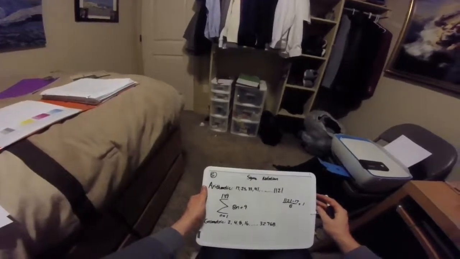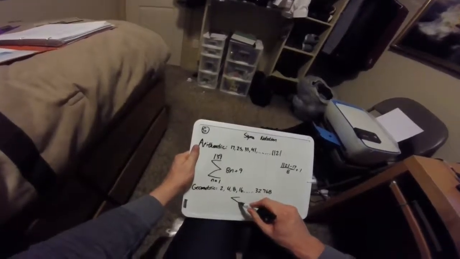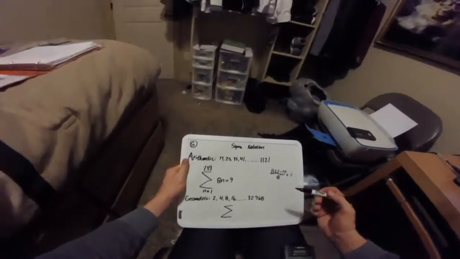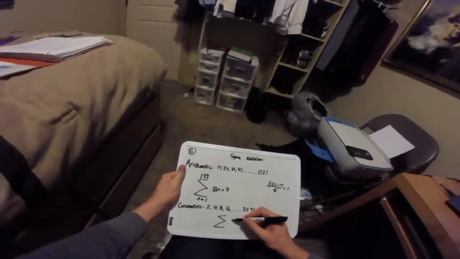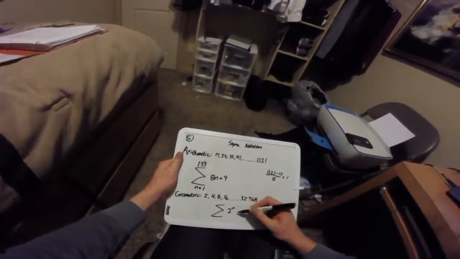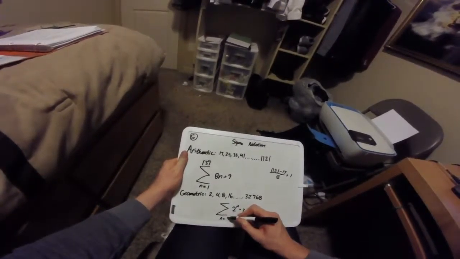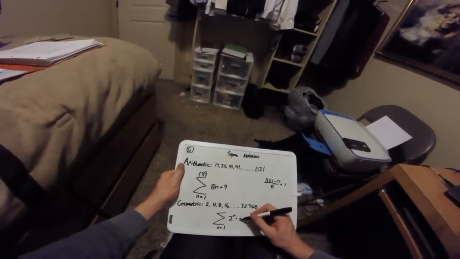Now, for geometric, it's basically the same thing. So in this case, we have 2 times 2 to the n. We'll start on number 1.